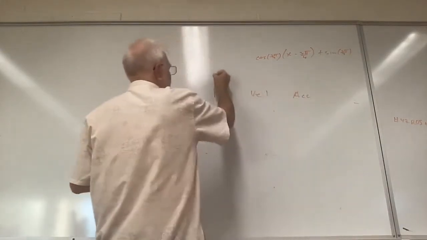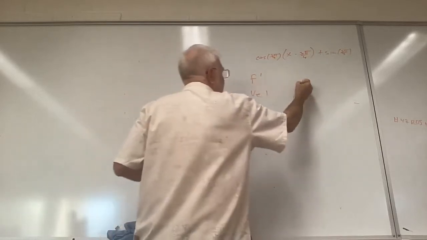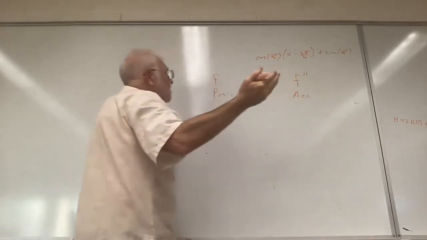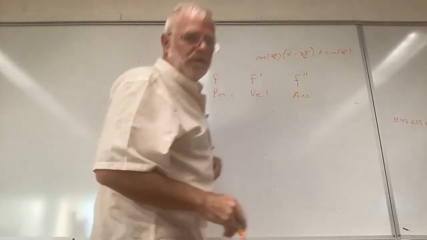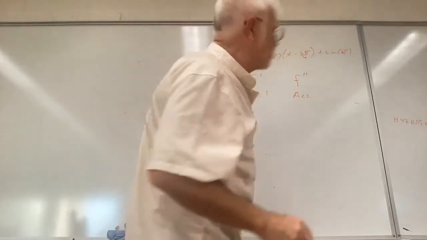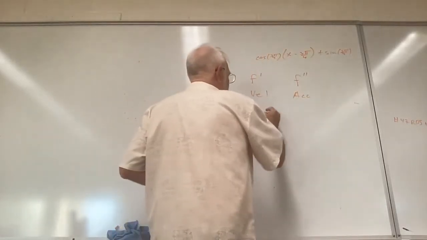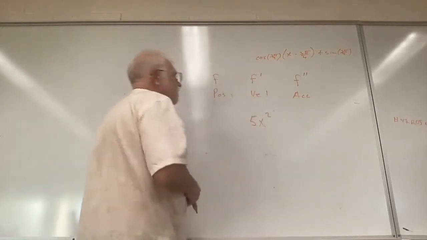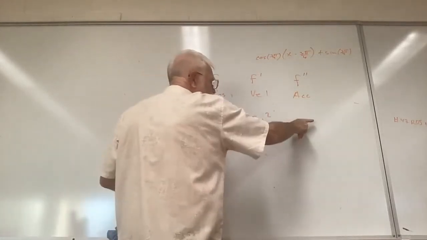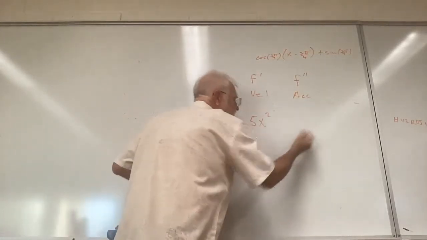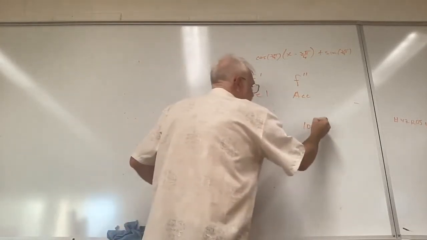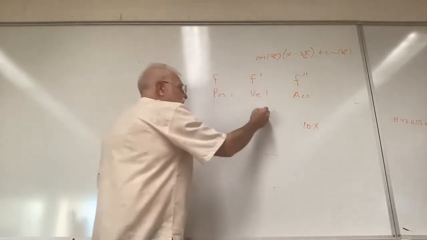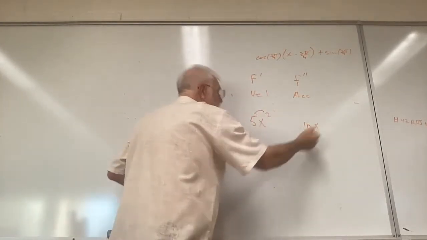It might be something like f, f prime, f double prime. Okay, this is taking a derivative, and I'm starting with the one in the middle, 5x squared, and let's see if you remember how to do this. All right, so if we're going in that direction, we are taking a derivative. What's the derivative of 5x squared? Hope you say 10x. All right, you do multiplication and drop the exponent down 1.